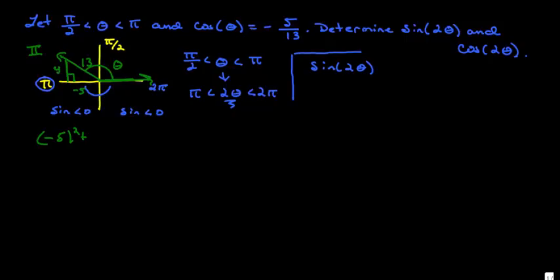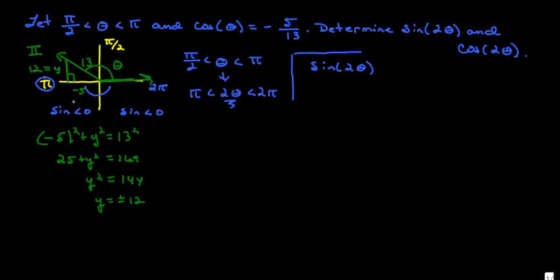Plus, we don't know what this side is called. We'll call it y. Well, we shouldn't say that we don't know what it's called. We called it y. We don't know what its value is. So we have to solve this. So we're getting plus or minus 12. We know that this is going to be the positive 12 because we're headed upwards since we're in quadrant 2. And that will make sine positive.